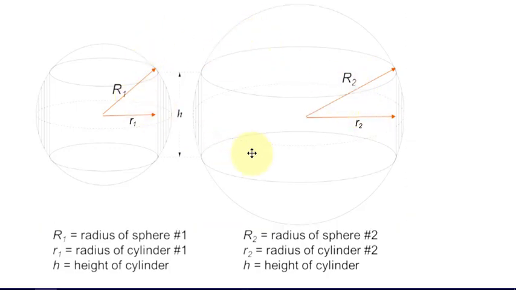And the cylinders are quite obviously different radiuses for these cylinders. And the only thing that's the same in these two pictures is this height of the cylinder, right? There's two completely different spheres with different cylinders drilled through them that leaves a bit of volume in each of them. And I'm wondering about the volumes in each of these two spheres, the volumes that remain, and wondering whether one is more than the other.